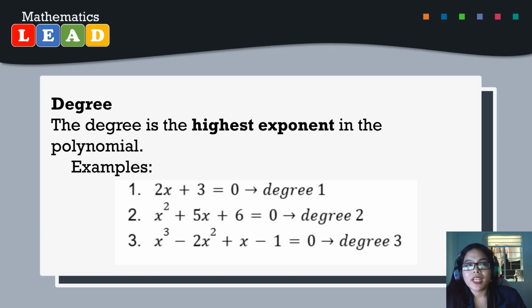Number 1 is 2x plus 3 equals 0, so the highest exponent is 1, so the degree is 1. In number 2, x squared plus 5x plus 6 equals 0, so the highest exponent is 2, so the degree is 2. In number 3, x cubed minus 2x squared plus x minus 1 equals 0, so the highest exponent is 3, so the degree is 3.